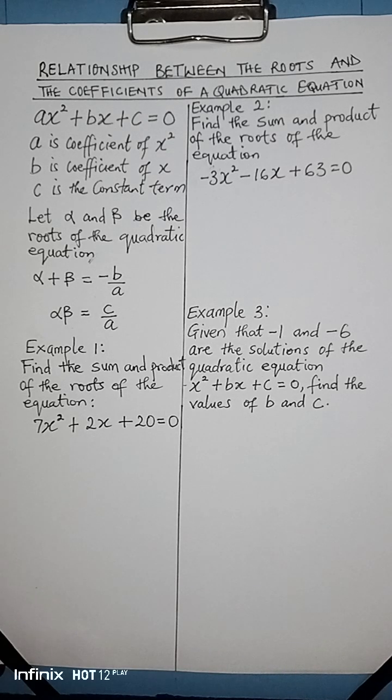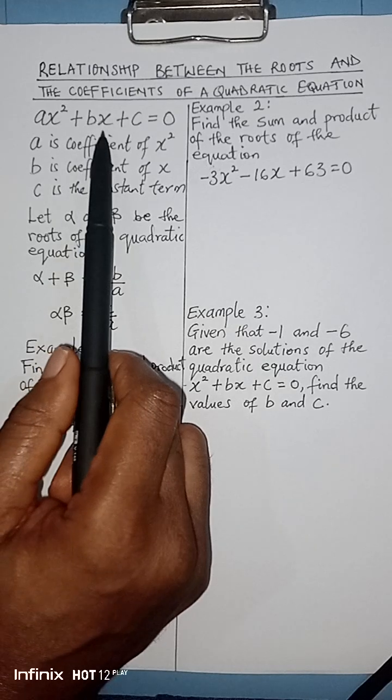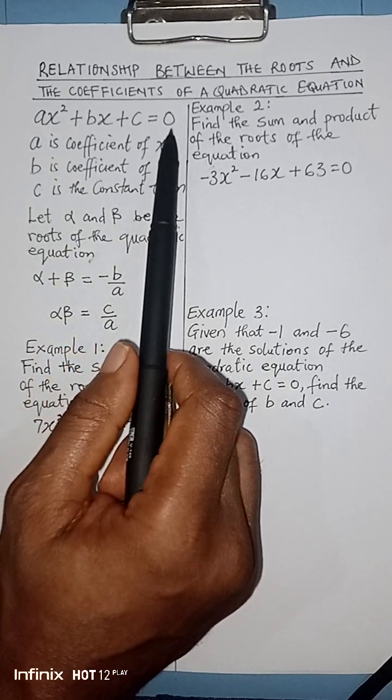So the first thing I'll do is to find out what is the a, b, and c in the given quadratic equation, which is 7x squared plus 2x plus 20 equal to 0. Recall the general form of the quadratic equation is ax squared plus bx plus c equal to 0.